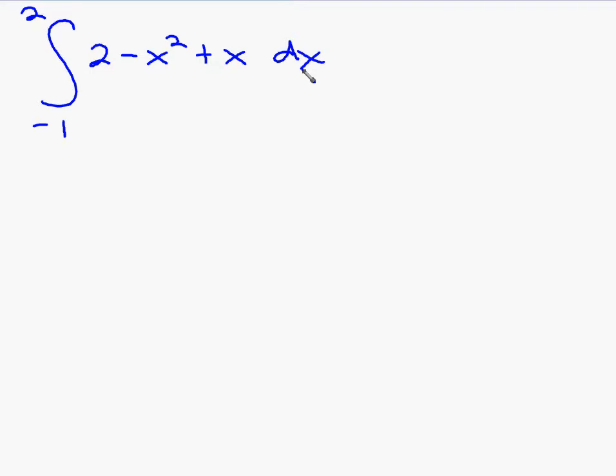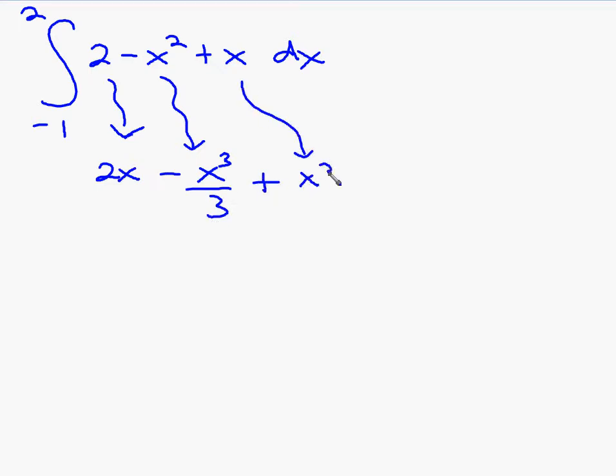I've got 3 integrals here. This will be 2x minus x cubed over 3 plus x squared over 2. There's my antiderivative. And we're going to evaluate that thing from negative 1 to 2.